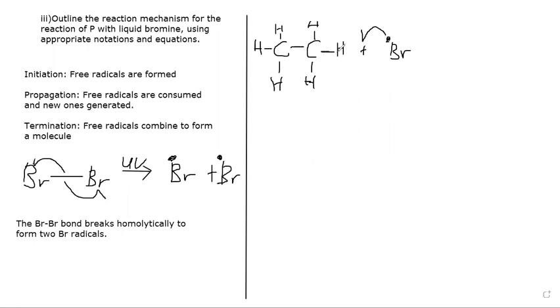What is going to happen here is that this carbon to hydrogen bond will break homolytically as well. Remember, the carbon-hydrogen bond is non-polar. If the bond is non-polar, it breaks homolytically.